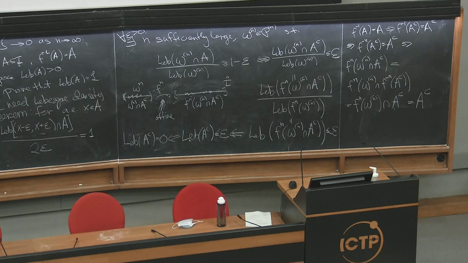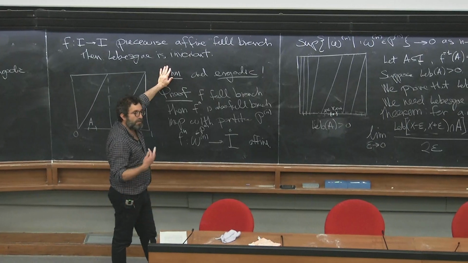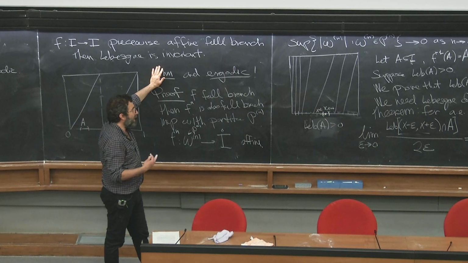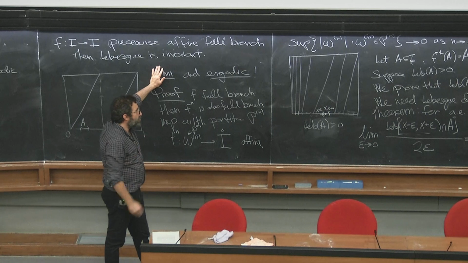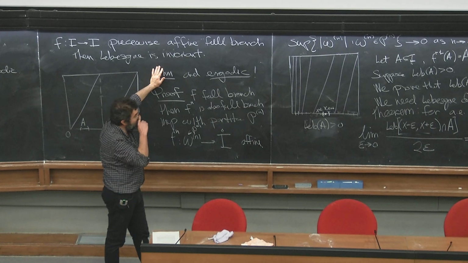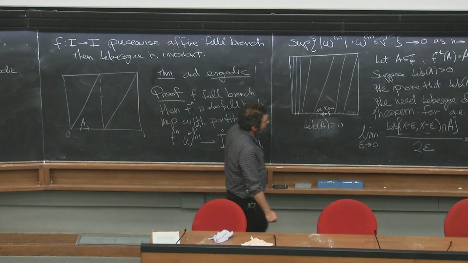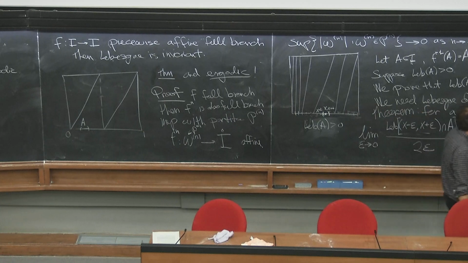We have seen, of course, that in several situations we want to generalize from piecewise affine at least to piecewise C1, uniformly expanding. So where did we use in this proof the fact that it is affine? Can you see where we used it? In the last step, there is some proportion, like stretching at the same level.